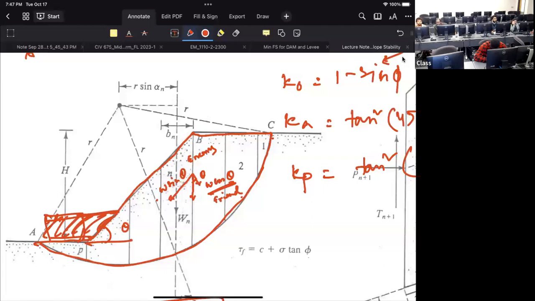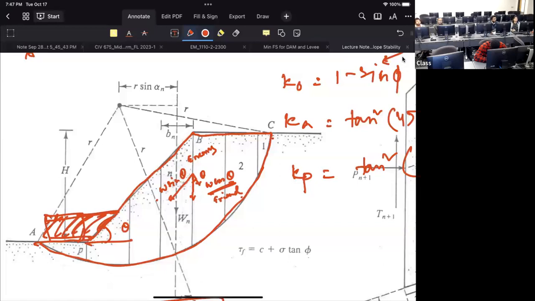Shear strength plus W cos theta. What is W cos theta here? Your shear strength equals what? tau equals c plus sigma tan phi.